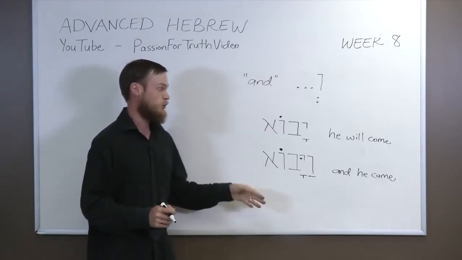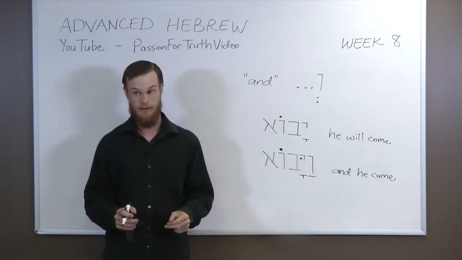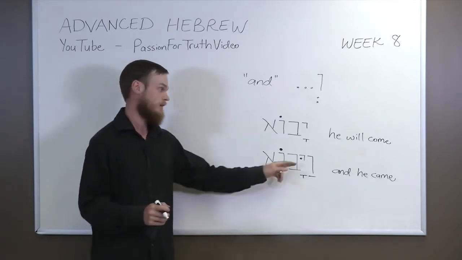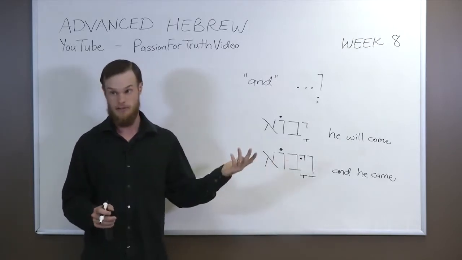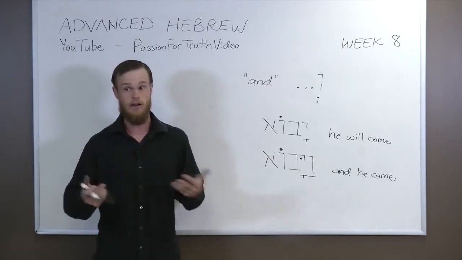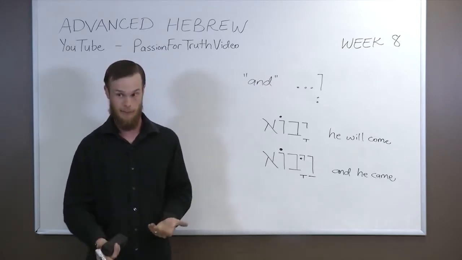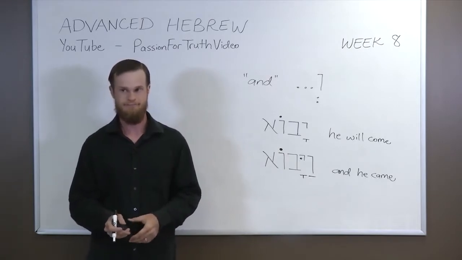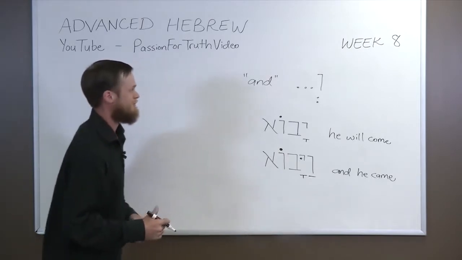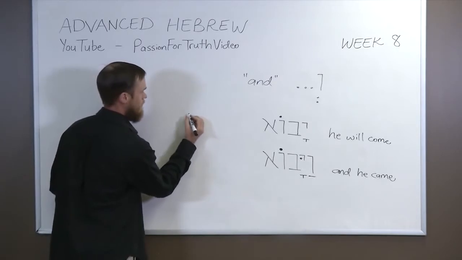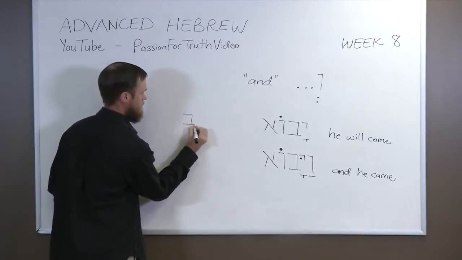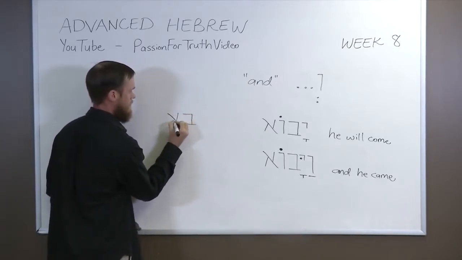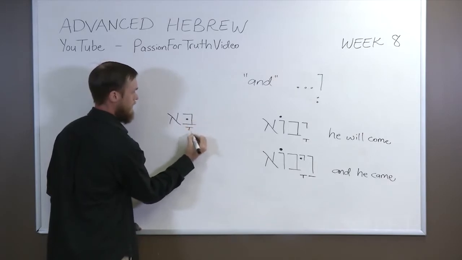So if we wish to add our prefix and keep things in the future tense, if we're already talking in the future tense about things that are going to happen and we want to keep things there, well, there's a way we can do that. Guess what it is? Ba would mean he came.